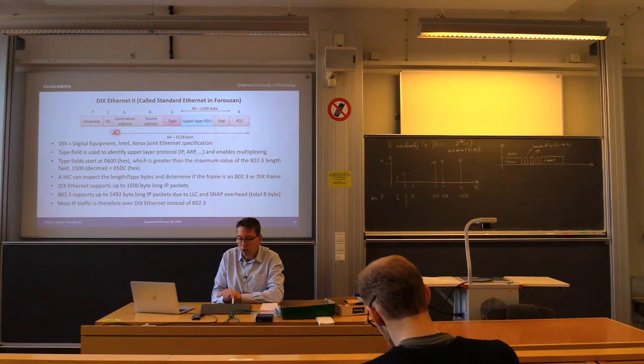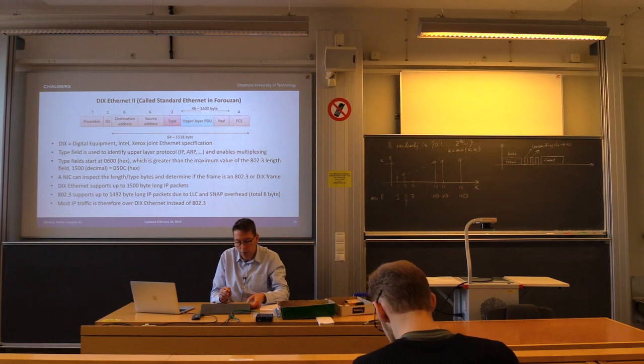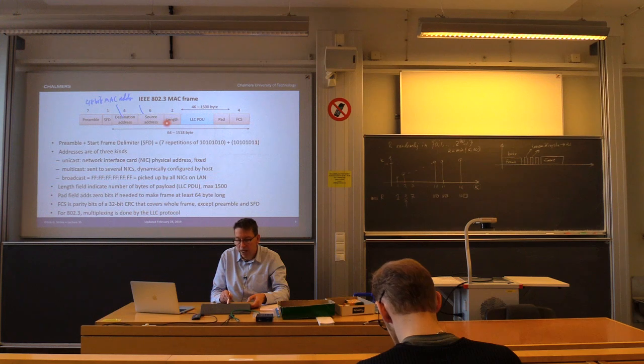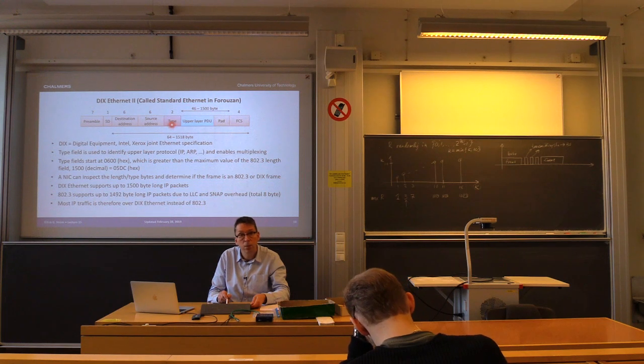So how does it look? It looks exactly the same as the 802.3 frame, except for this field. If we go back, we see that this is the length field in 802.3. In DIX Ethernet it is the type field. And the type field here is used to identify the layer which is above Ethernet.